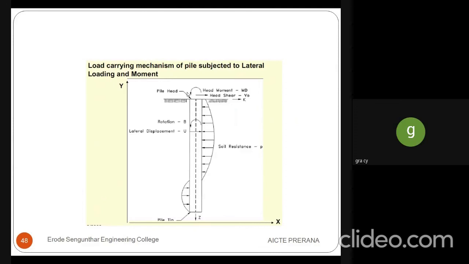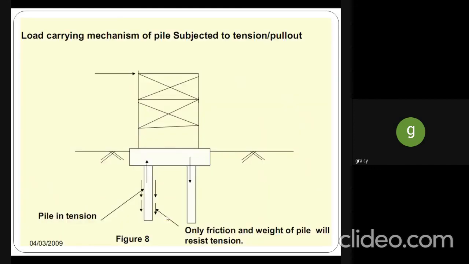So soil resistance is applicable here, and we can see the rotation and the lateral displacement. Here the load carrying mechanism of a pile is subjected to tension or pull out. So the pile in tension is applicable here, and only the friction and weight of the pile will resist the tension.